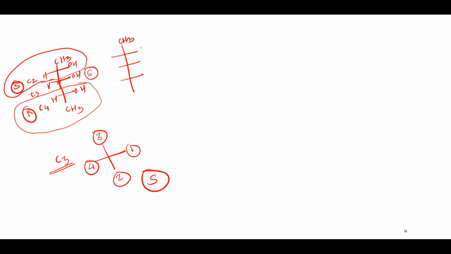And the next part is when such scenarios happen, like this. What is the configuration for the first center now? 1, 2, 3, it's R, which changes to S. And 1, 2, 3, R changes to S. So what is the configuration for this C3?